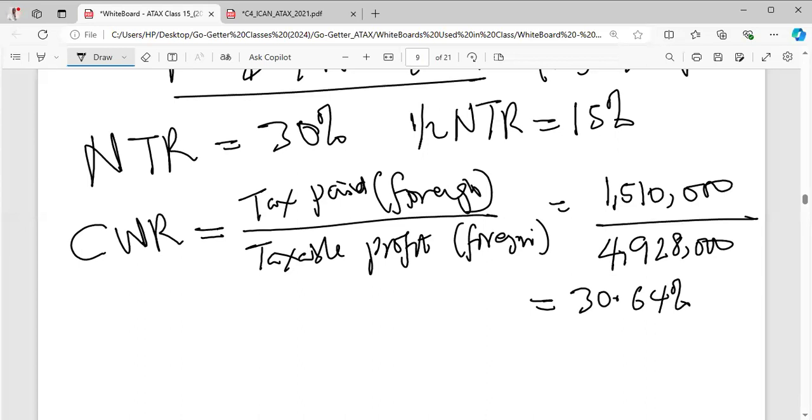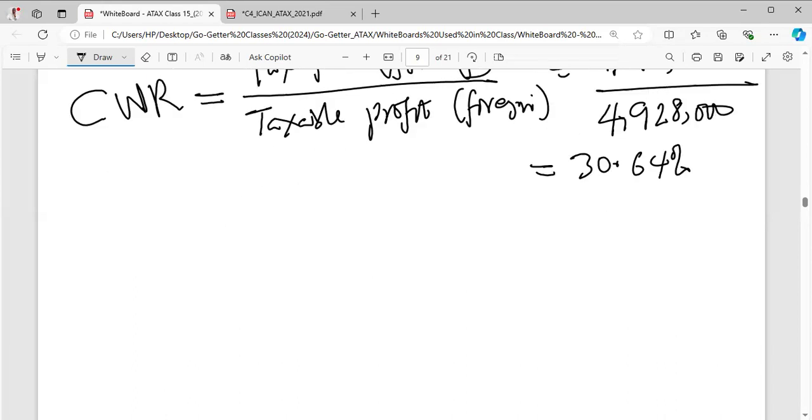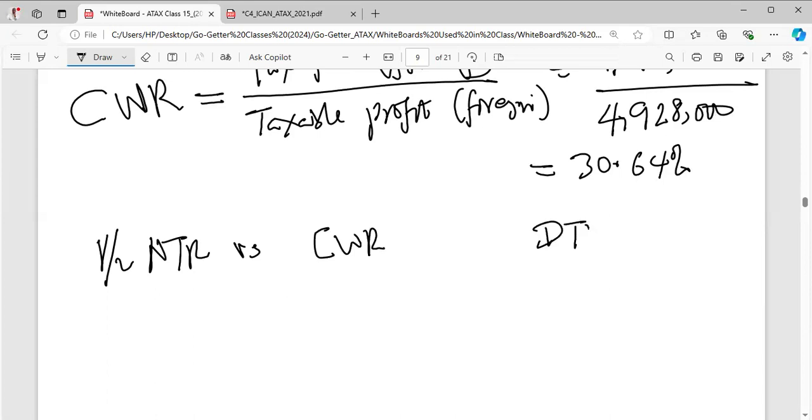So clearly this is higher than that. You will now look at half of Nigerian tax rate versus CWR, and this is our double taxation rate.